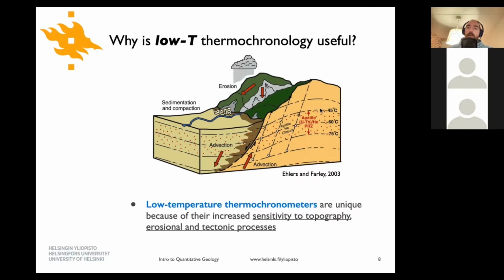These different temperature lines are isotherms, lines of constant temperature. And you can see that the 45 degrees C, the 60 degrees C, and the 75 are all bent upward here beneath this mountainous, high topography. And then they're bending down here where you have a basin that is having sediment deposited into it.